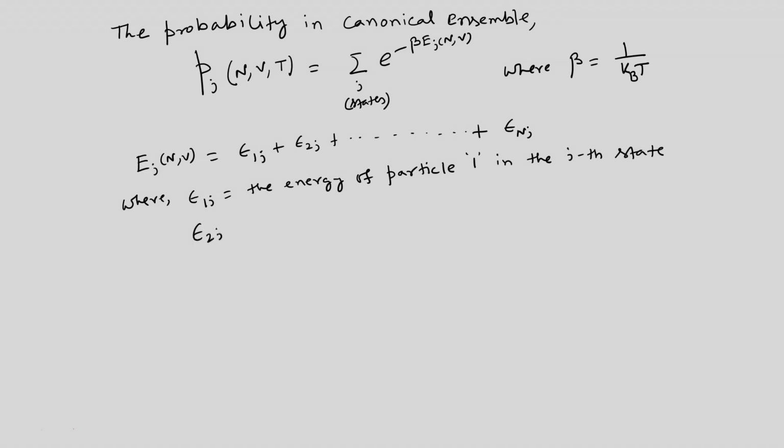Similarly, epsilon 2j is the energy of particle 2 in the jth state, and so on.